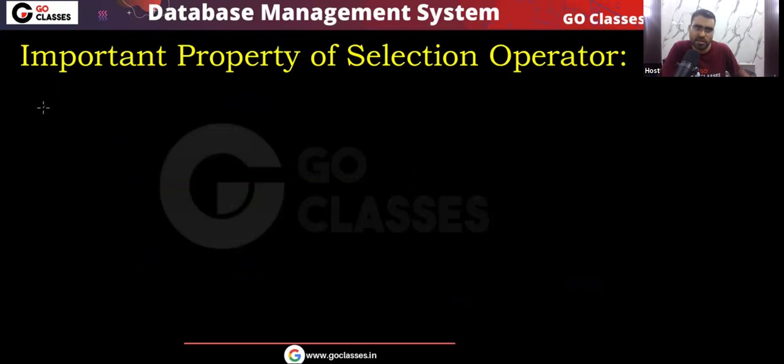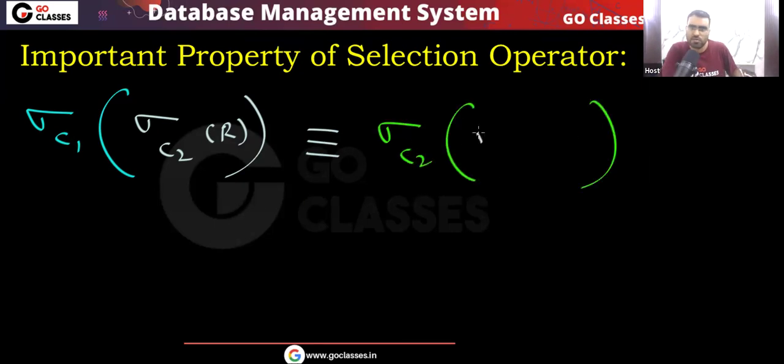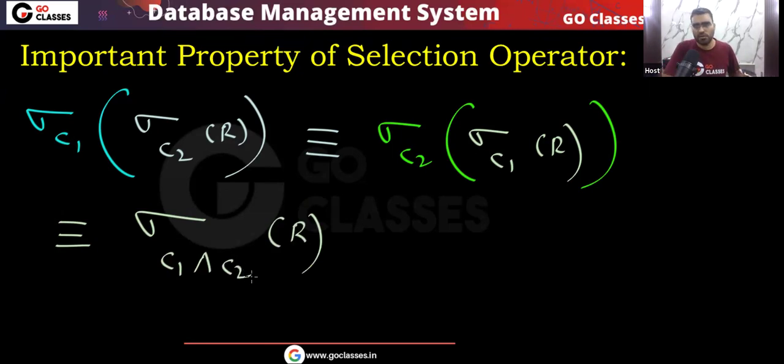Sigma C1 of sigma C2 of R is the same as sigma C2 of sigma C1 of R, and both of them are the same as sigma of C1 and C2 of R. So this is the important property.